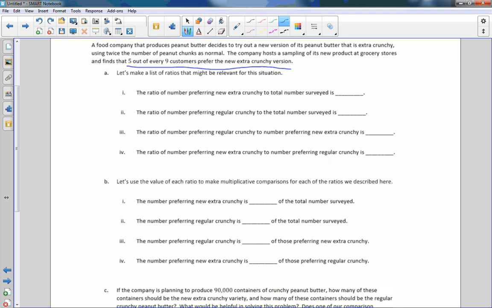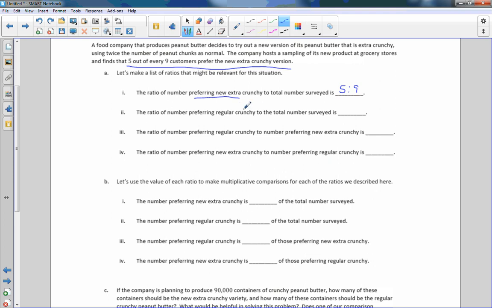Okay, so the ratio of the number preferring the new extra crunchy to the total number surveyed is, now it's a ratio, so 5 out of 9 prefer the new extra crunchy, so 5 out of the total 9.